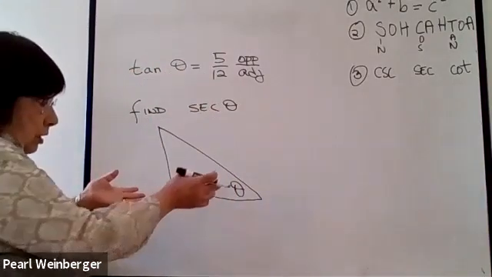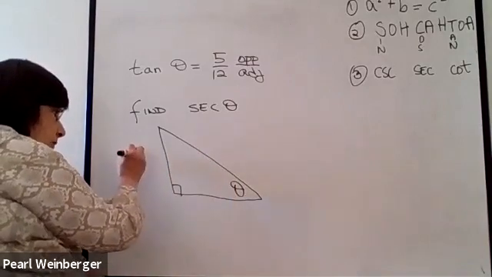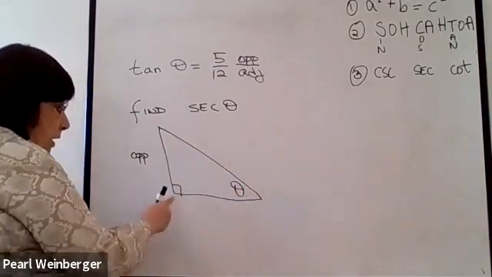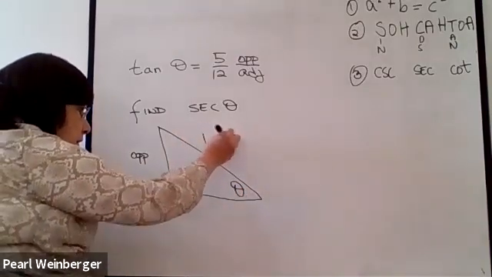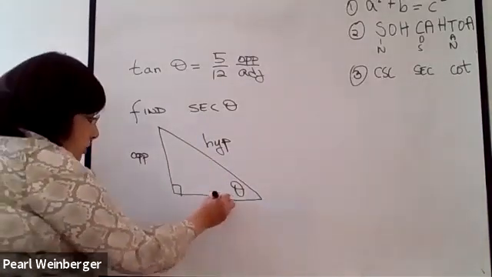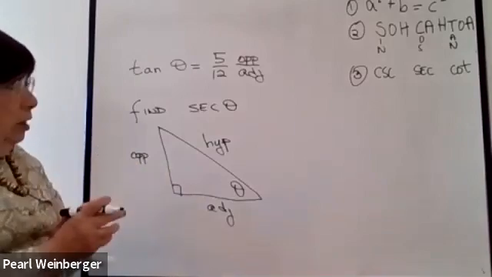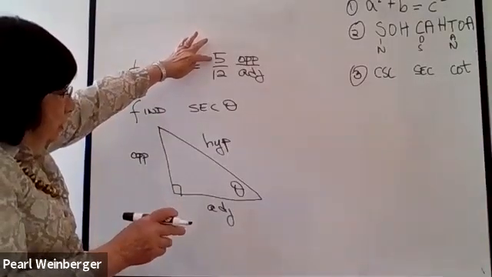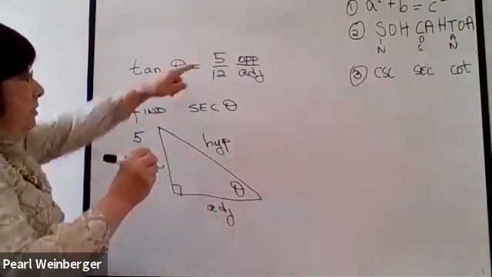So let's see, here's my triangle with nothing on it. Well, I do know relative to this is my opposite side. This is my hypotenuse, because it's across from the right angle. And this is my adjacent side, because it's attached to the angle, okay? Now look at what I said. My opposite side, I'm going to pick to be 5.